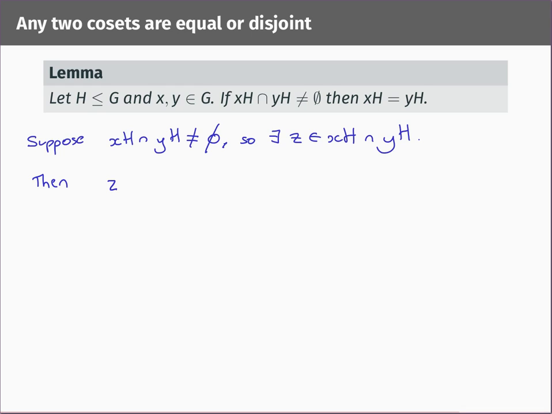Then z, well, it's in the left coset xH, so it's equal to x times h for some little h in H, and it's also equal to y times k for some k in H. So xh equals yk, and we're going to multiply this on the left by y inverse.